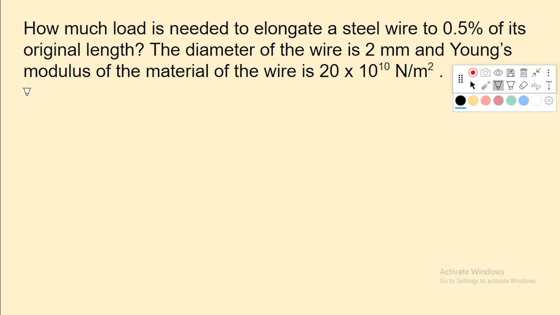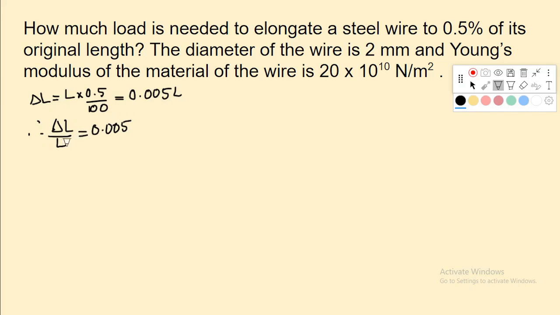So here the elongation is not directly given, but it is given as the percentage of the original length. That is, delta L is equal to L into 0.5 percentage, that is 0.005 L. Therefore, delta L by L is equal to 0.005.